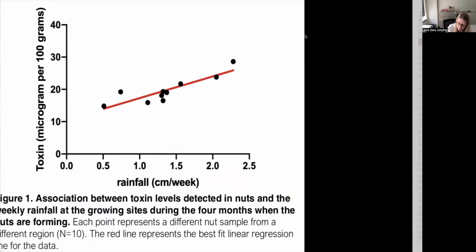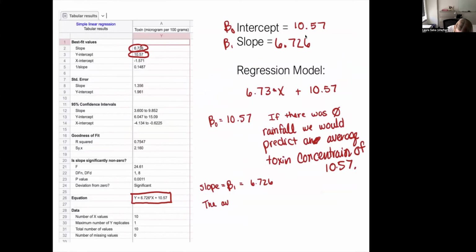So let's write this out a little bit more formally. I wanted to show you on the Word document. So the average toxin concentration increases because it's got a positive sign.